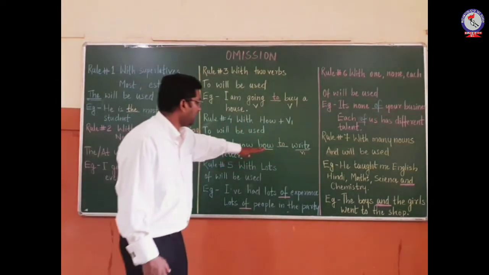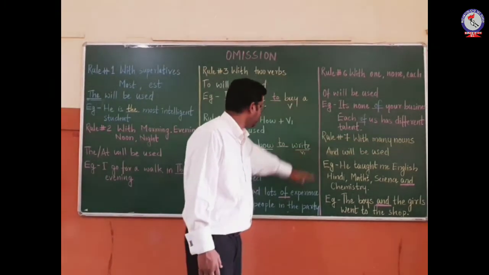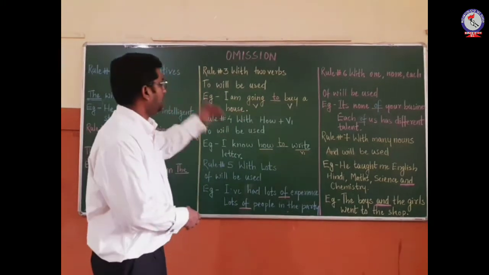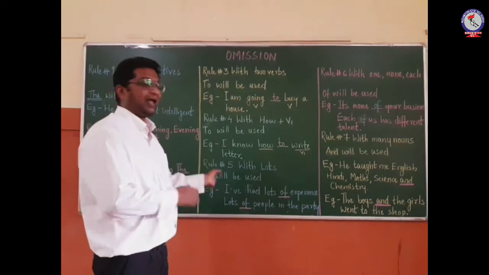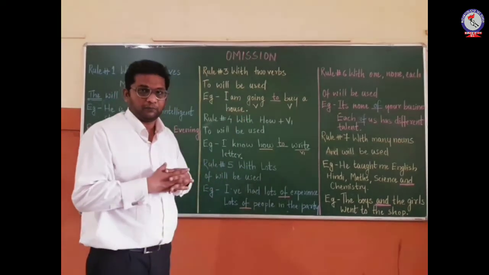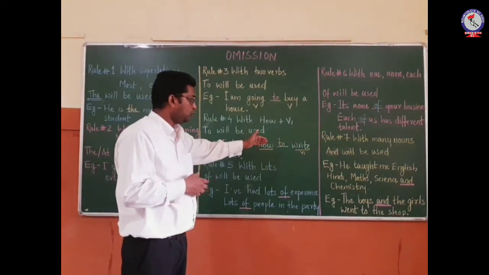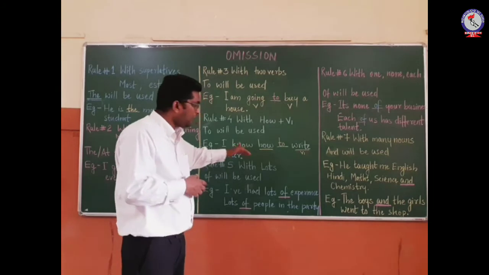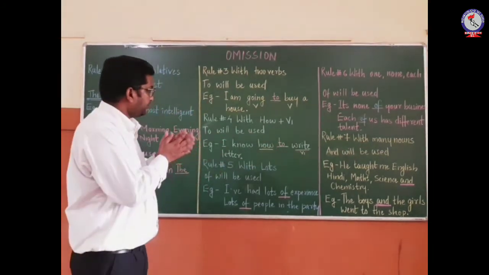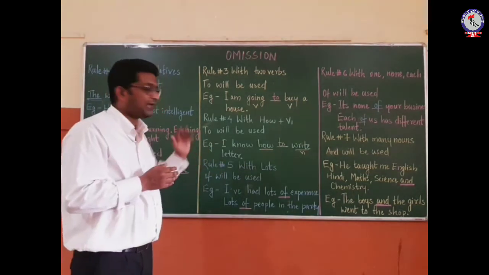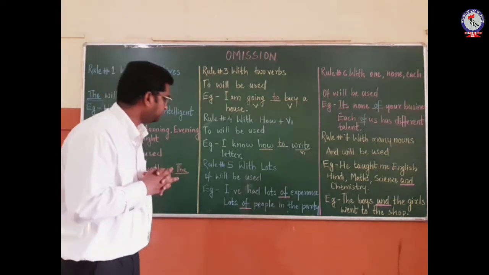You see here, how is here, verb first form, write, is here. In that condition, we will put to in between how and the first form of verb. I know how to write letter. I know how to drive car. So, to will be used with how plus verb 1 or the first form of verb.